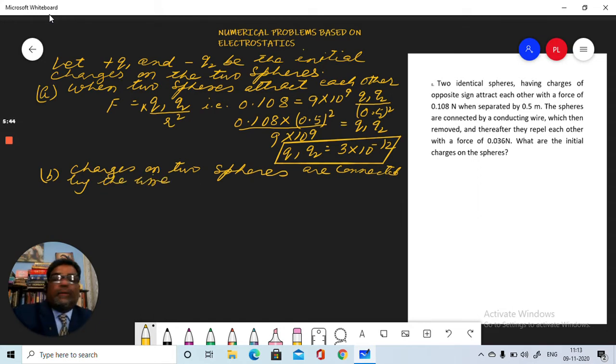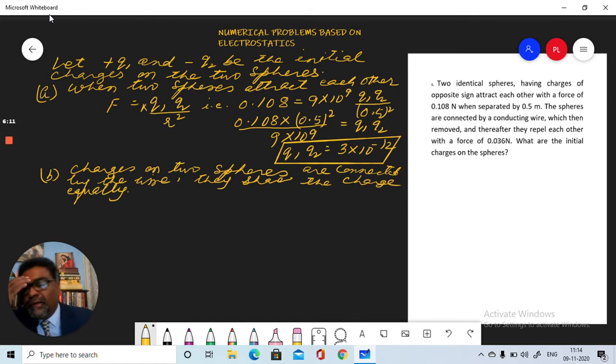Okay, now see the question. In the question it says, the spheres are connected by a conducting wire which is removed and thereafter they repel each other. Okay, they share the charges equally. Therefore they share the charge equally.